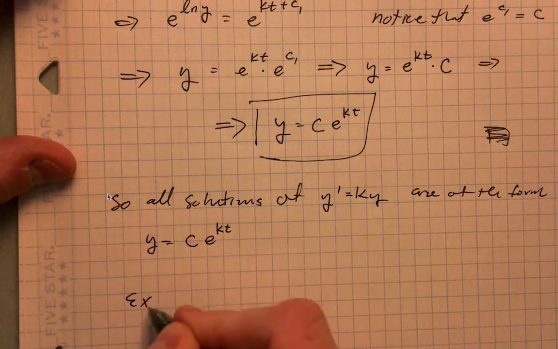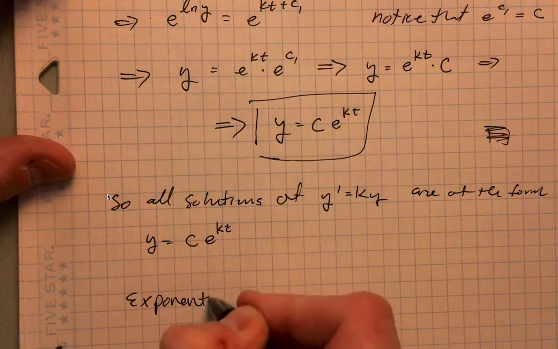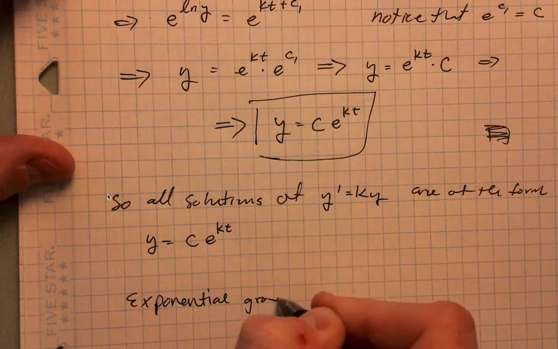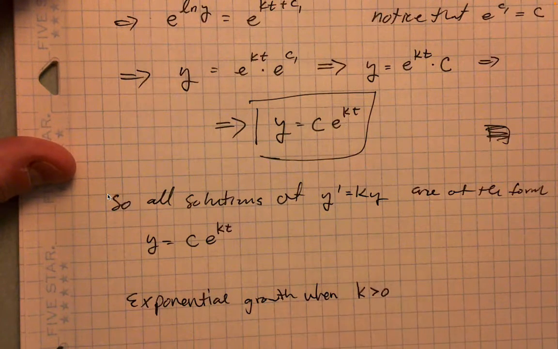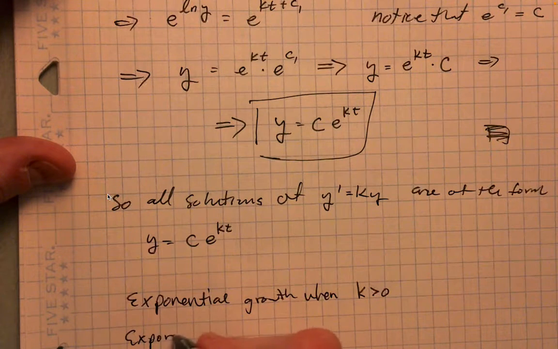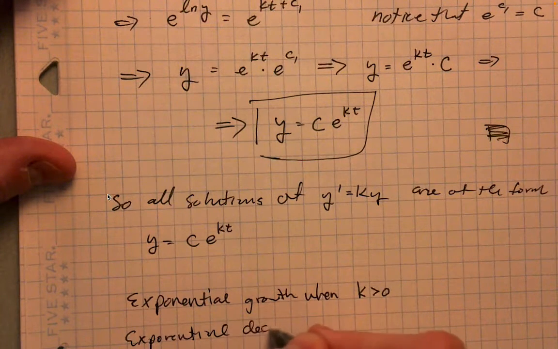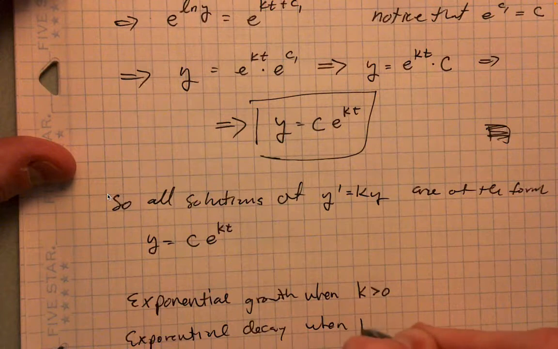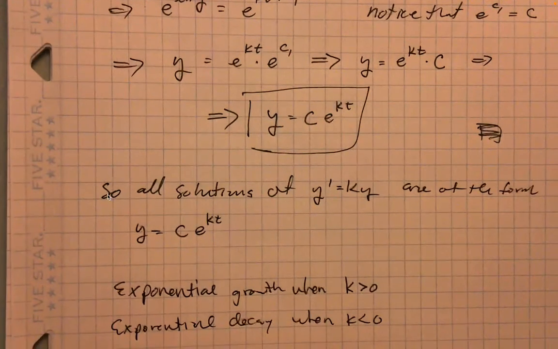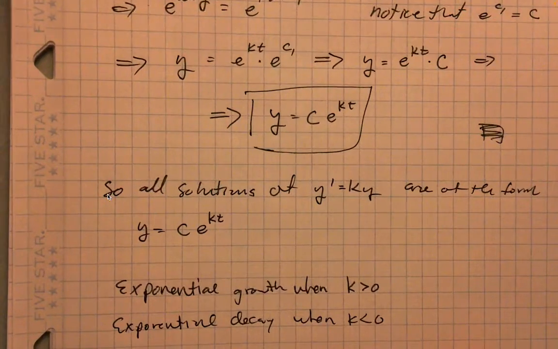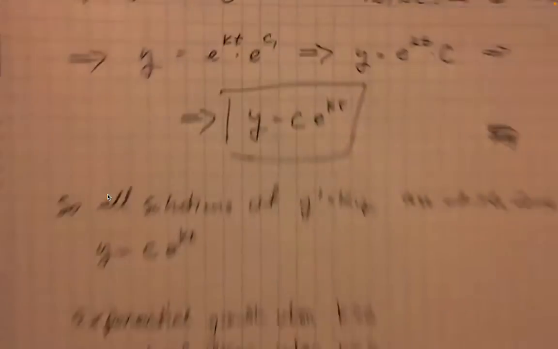And so I'm sure you could guess, but exponential growth when k is greater than 0, and then exponential decay when k is less than 0. And of course, static, not moving at all, when k equals 0. So a totally uninteresting example would be k equals 0. Then it's just y equals a constant, right?